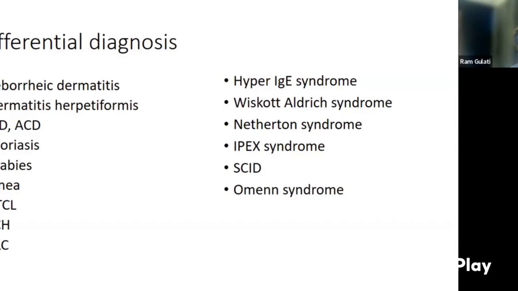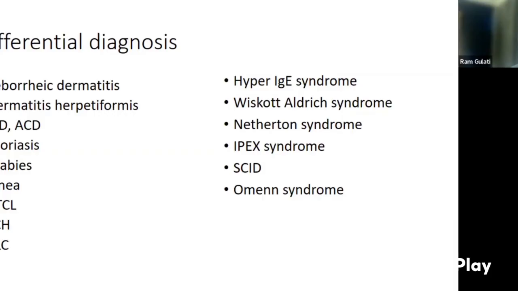Some contact reactions may be irritant or allergic contact reactions. Psoriasis, scabies, tinea. In the adult age group, you can have cutaneous T-cell lymphomas. In younger age groups, Langerhans cell histiocytosis, or even PLCs can present almost like eczema. So if something doesn't look like a very typical eczema or a typical distribution, or is just not settling with your rationalized procedures, then think in terms of a differential diagnosis.